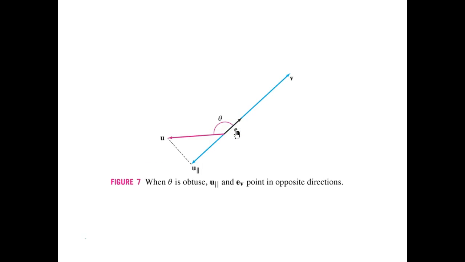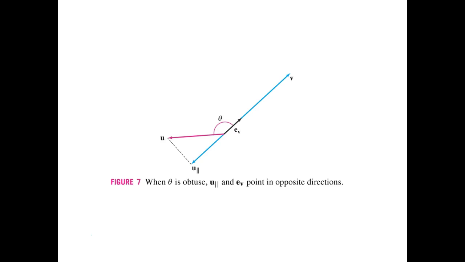What if it's an obtuse angle greater than 90? Then the projection of U onto V would be in this direction. When theta is obtuse, the projection of U onto V and the unit vector of V point in opposite directions. So you think of this as sort of being a negative magnitude times that.